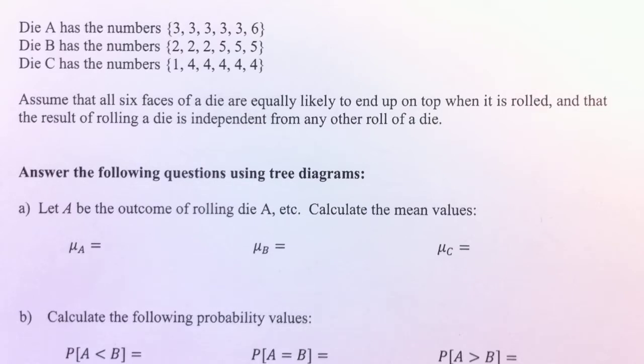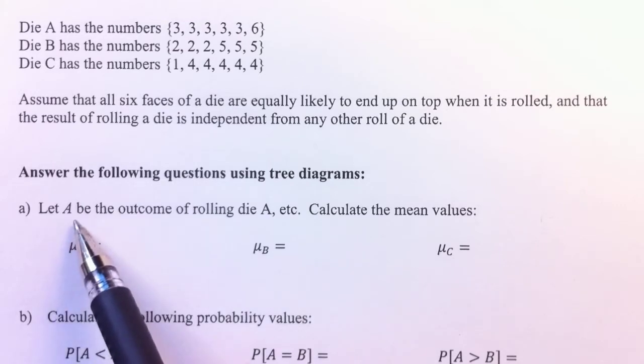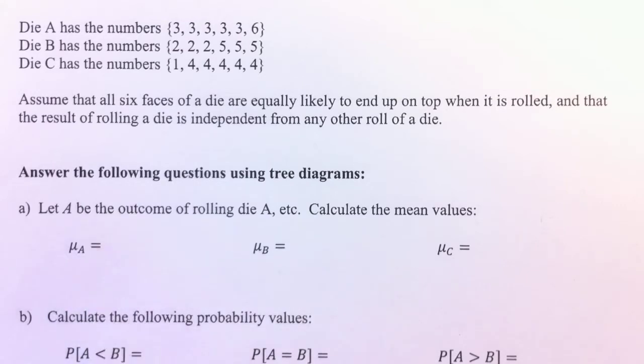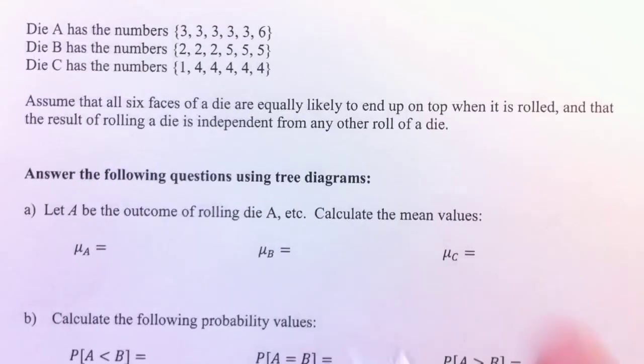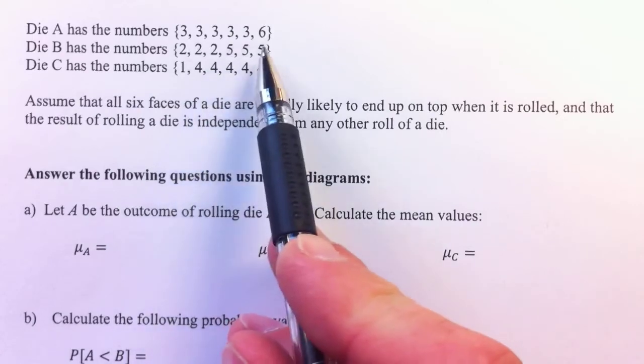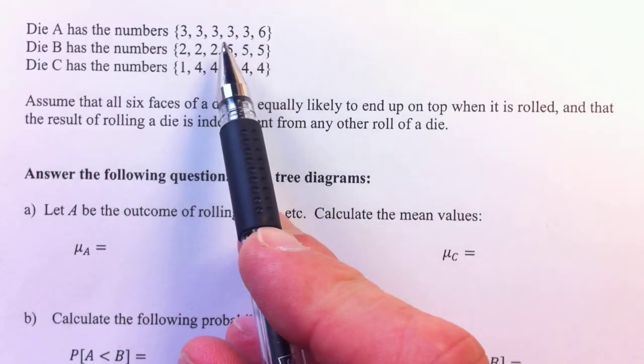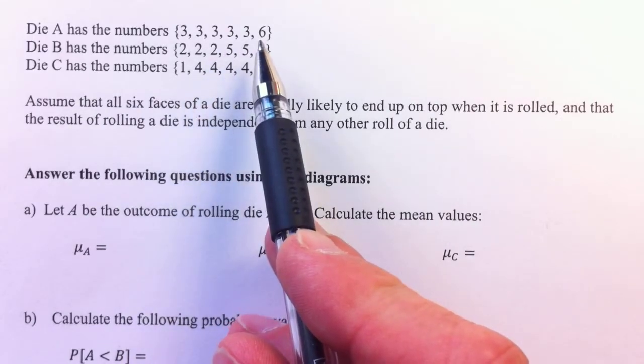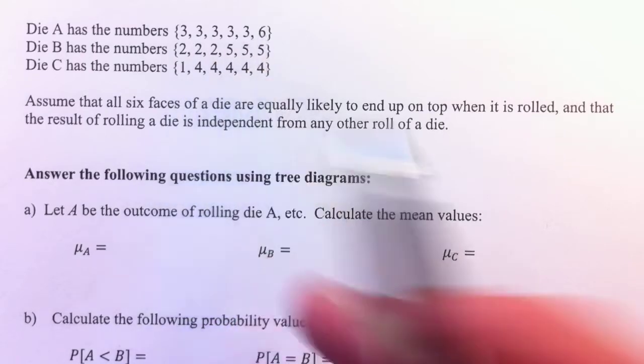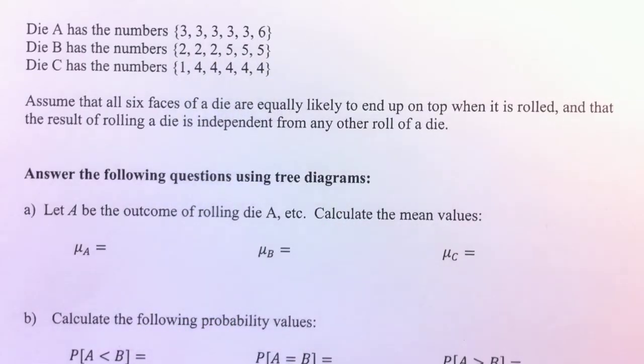Again, a property of having what they call a fair die. Okay, so if we call italicized A the outcome of rolling die A, then the outcome can have values either 3 or 6, but 3 occurs with 5/6 probability and 6 occurs with 1/6 probability because there are only 6 possible outcomes and they're equally likely.